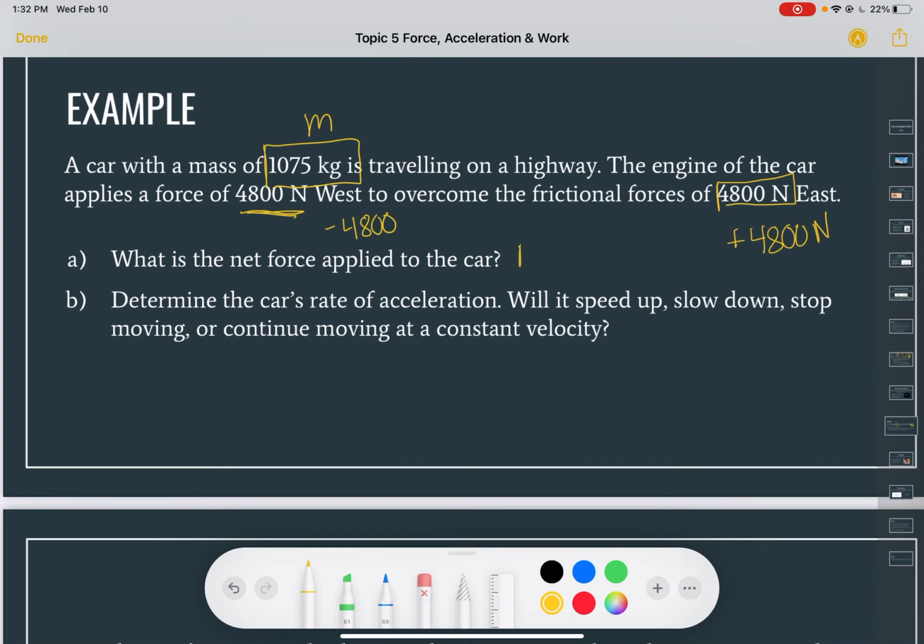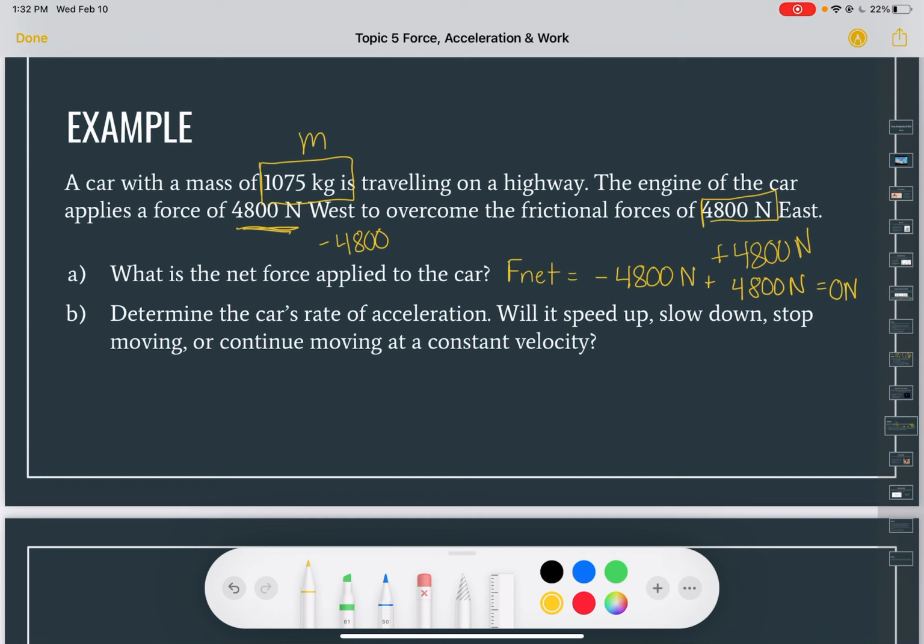So your net force is basically adding your forces together. So if we go negative 4,800 plus 4,800 newtons, we will get 0. So the net force is 0. Determine the car's rate of acceleration.